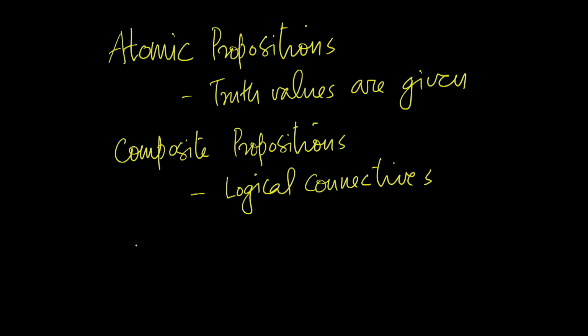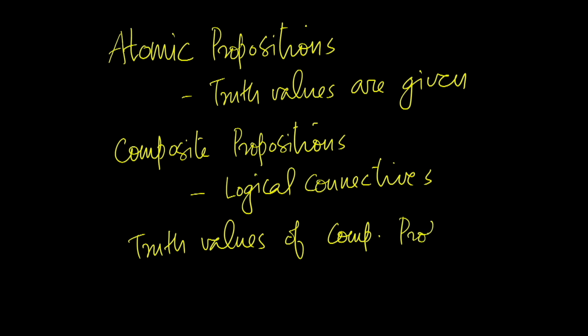We can compute the truth values of composite propositions using the truth values of its constituents and also the properties of logical connectives. This essentially gives us an algebra of truth values.